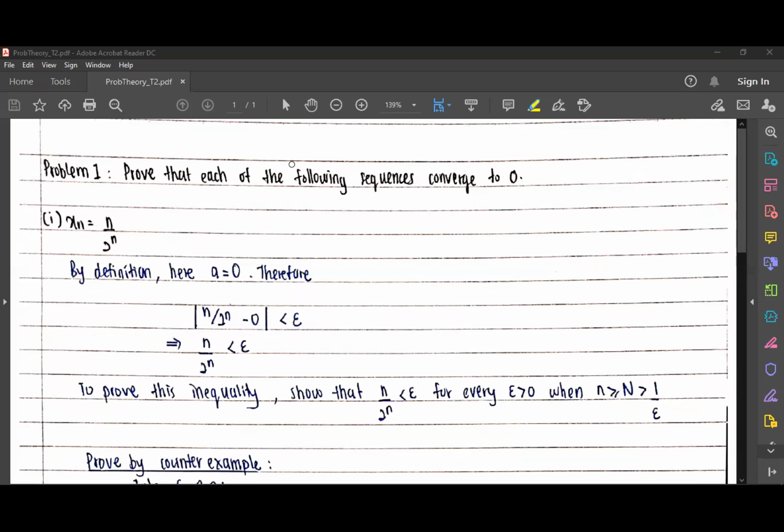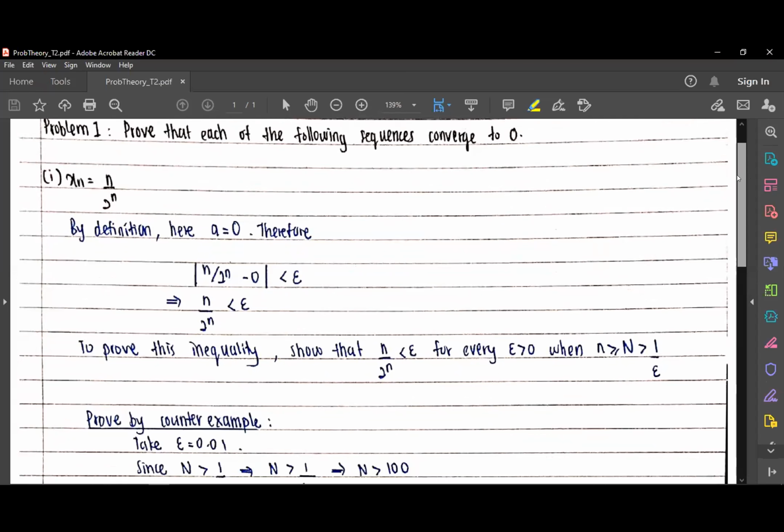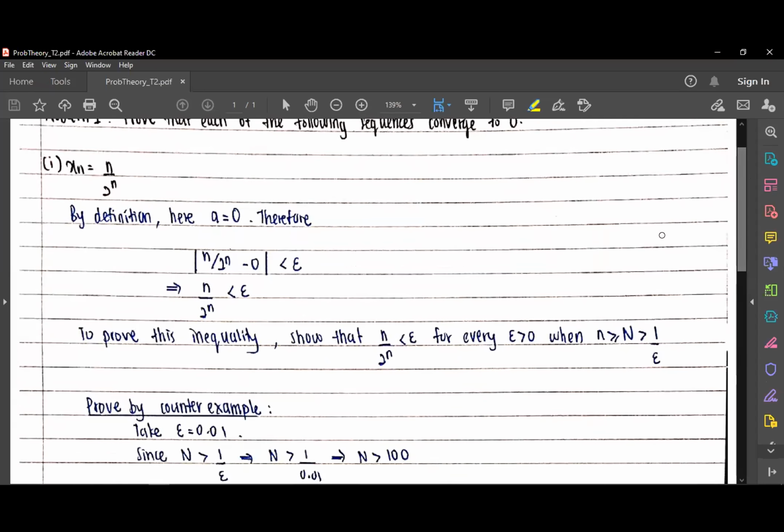Yes. Okay, so the first question for tutorial 2 is to prove that each of the following sequences converge to 0. For this question, I fail to find the suitable terms for the threshold n, so I prove by counter example. By definition, since it's said to converge to 0, our A is 0.